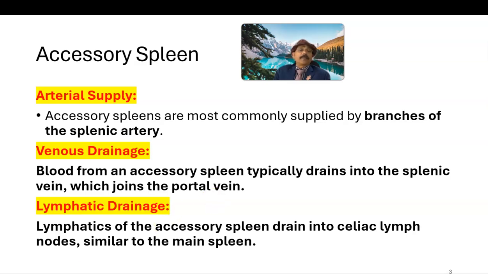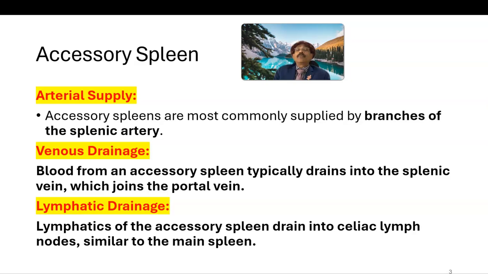Lymphatic drainage: lymphatics from the accessory spleen drain into the celiac lymph nodes. Celiac lymph nodes are close to the celiac trunk, which is a branch of the abdominal aorta. Similar to the main spleen, they go to the celiac trunk area lymph nodes, and then to the cisterna chyli and thoracic duct, which opens into the left venous angle at the root of the neck.